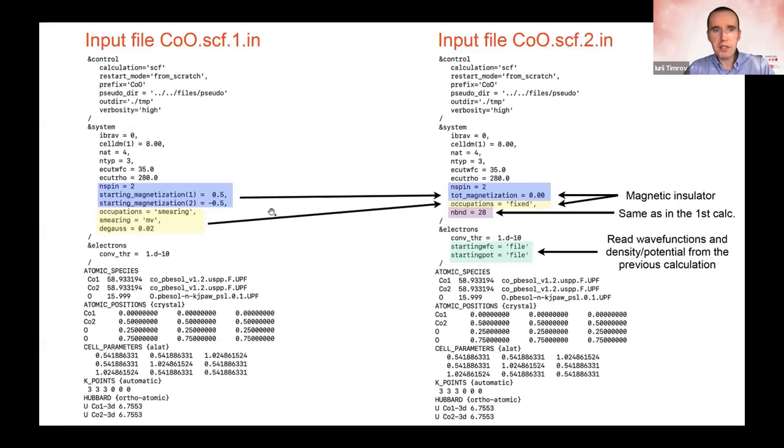This is so because if we don't do this additional calculation, but we go straight to the HP calculation, the code will stop, complaining that you have a magnetic insulator but you are treating it as a magnetic metal because you use smearing. This creates some numerical issues because there is a term implemented for metals which is proportional to 1 divided by the density of states at the Fermi energy.